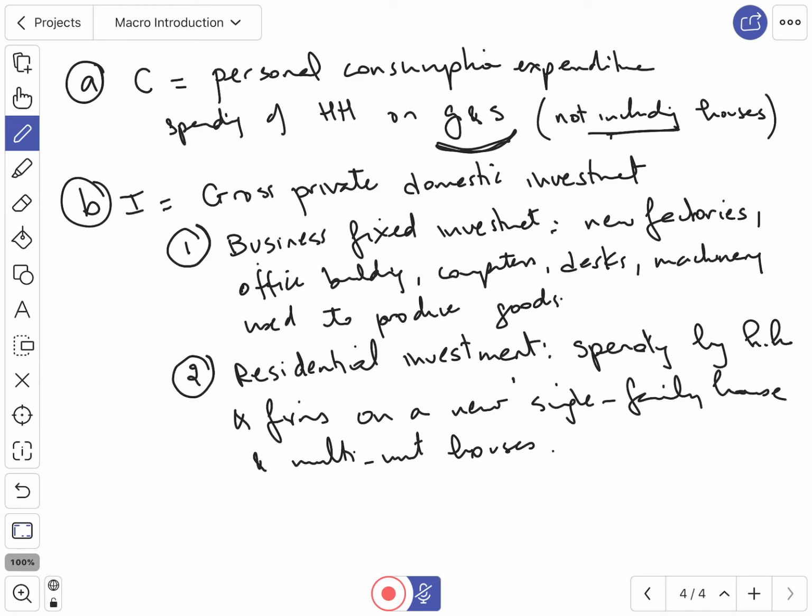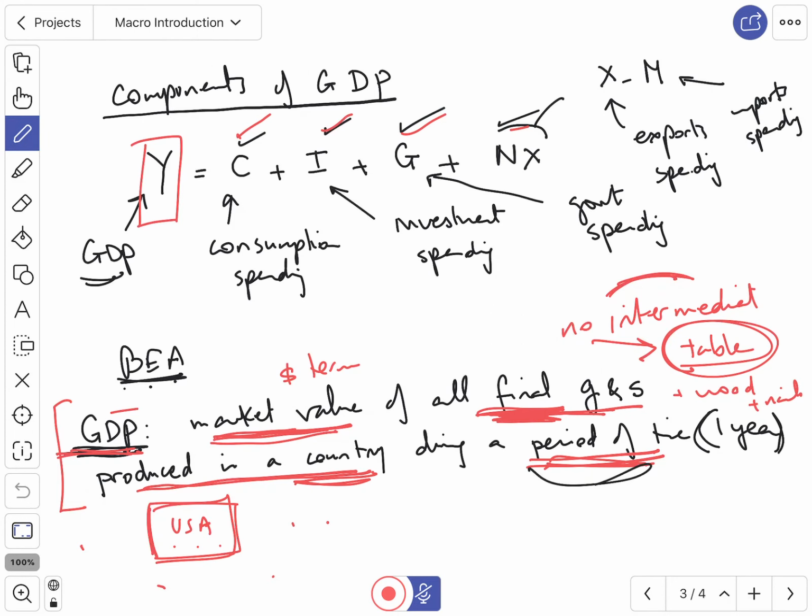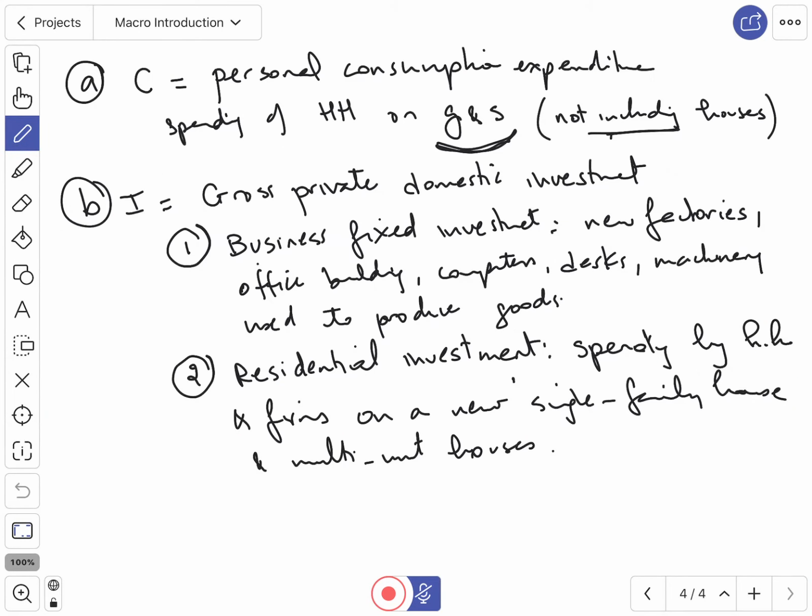Make sure it's not something produced 10 years ago or even last year. It has to be this year, within a specific period of time, usually 1 year. Anything before that is just not included in our computation of this year's production.